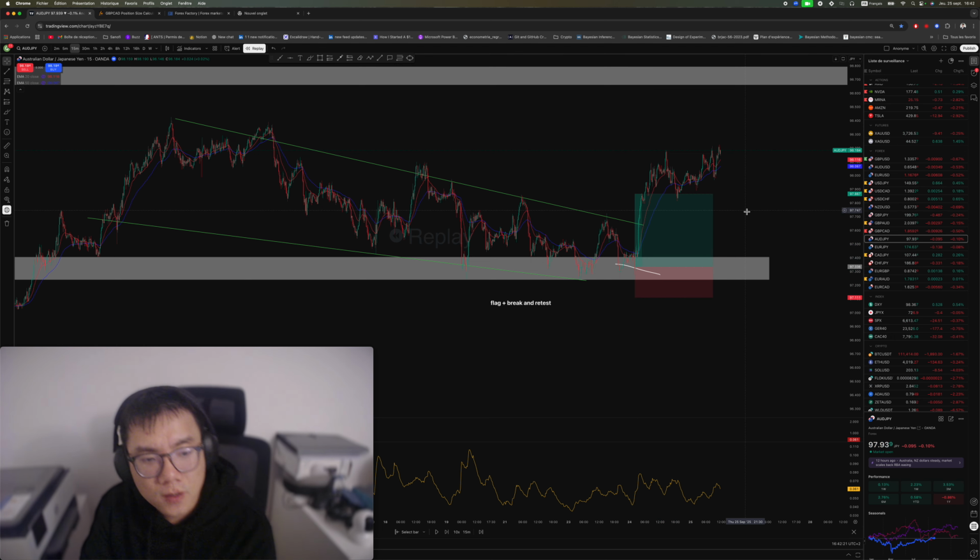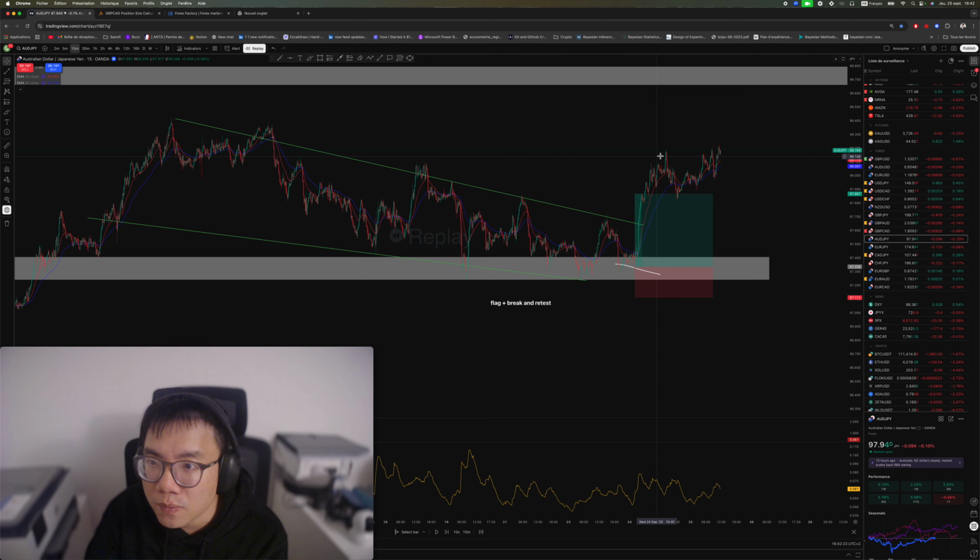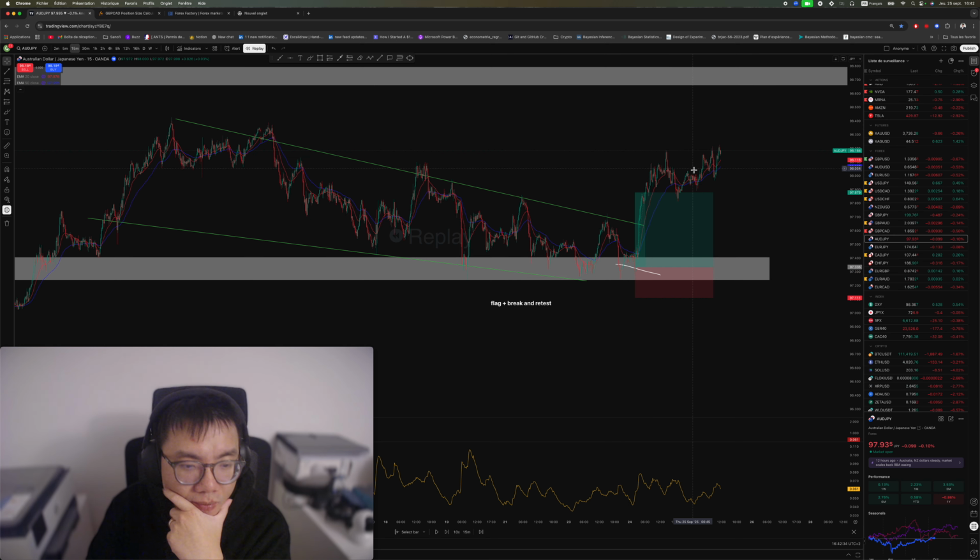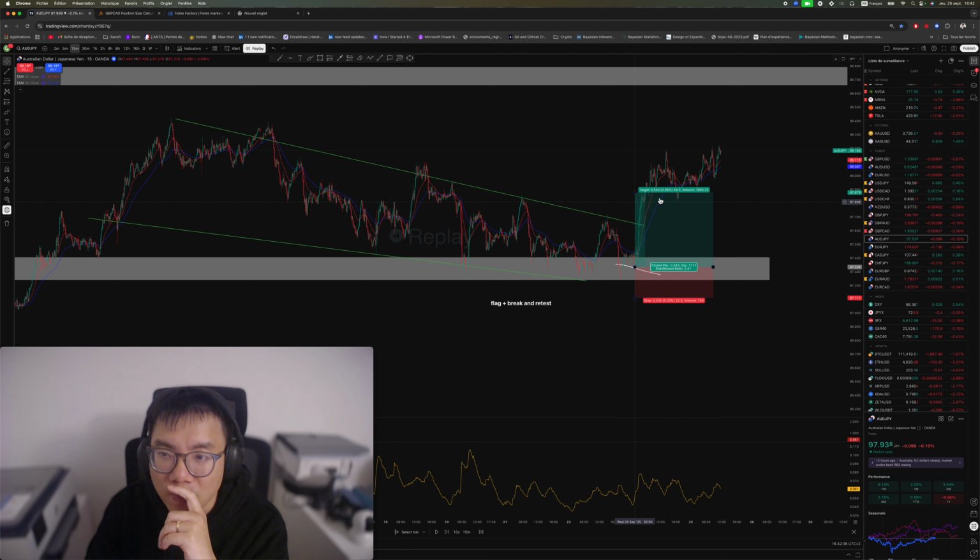When price broke this level and stayed here, I trailed my stop, I think around here, at this swing low, because my expectation was that price shouldn't go back to this level, right? But then I was unfortunate and price just tapped my trail stop and then went all the way up.